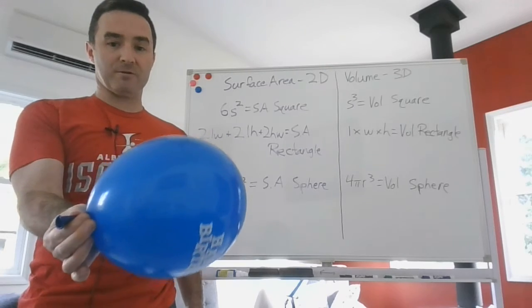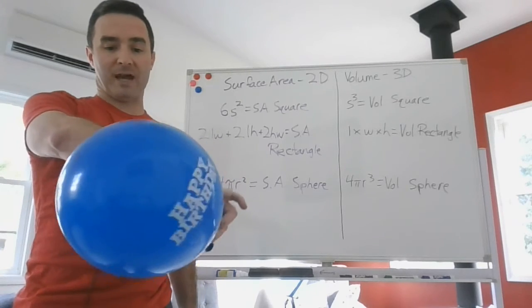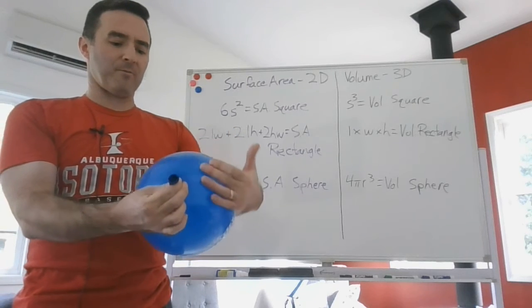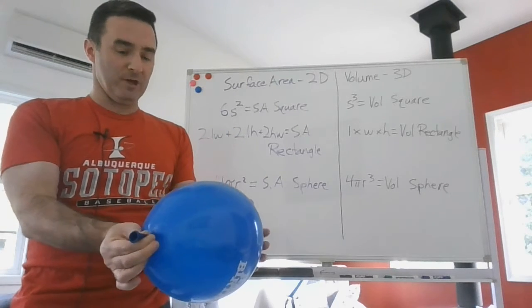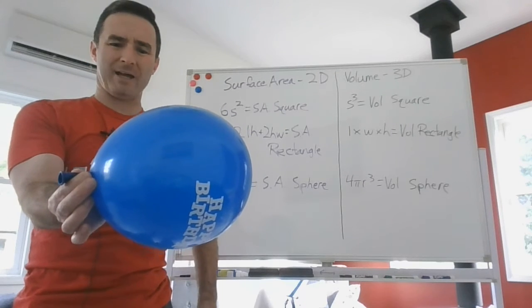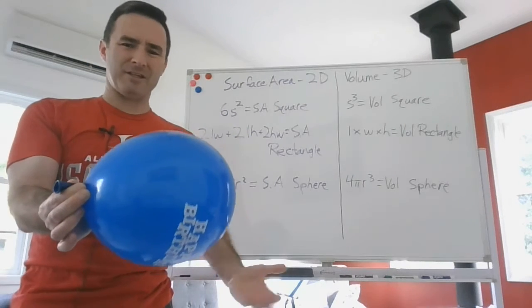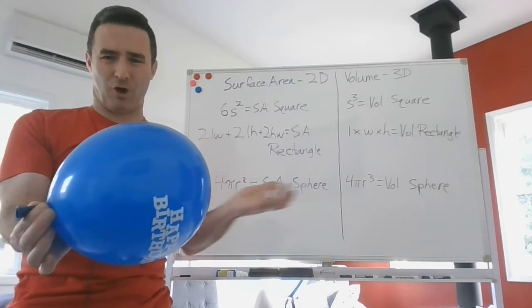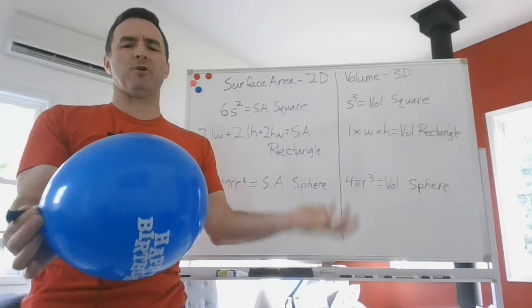So notice the volume has gotten bigger, but the amount of actual tissue that this balloon would take up really hasn't changed a whole lot. It's expanded some. The surface area has increased, but it's not like it's a hugely bigger area.